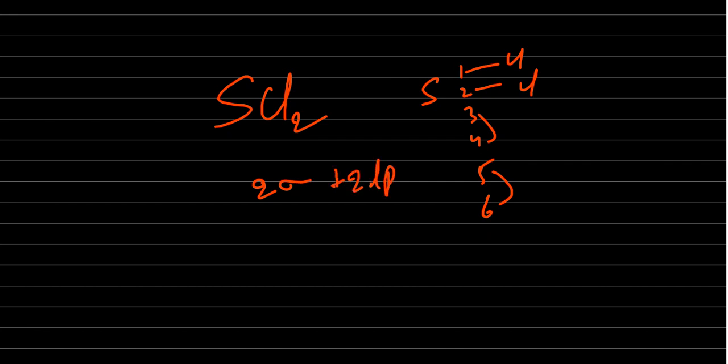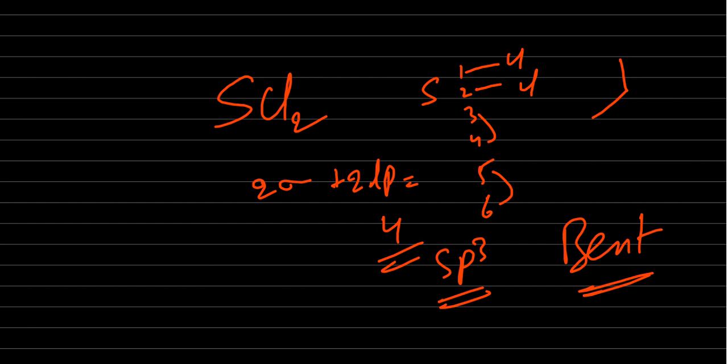Sulfur has only 6 valence electrons. Now 2 chlorines, remaining 2 lone pairs. So 2 sigma plus 2 lone pairs, total 4. 4 means sp3 hybridization. Geometry, with 2 lone pairs, is bent. You can see the bent structure here. Like this you can write.